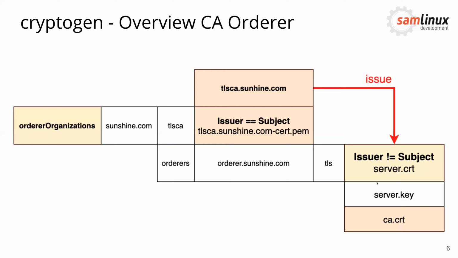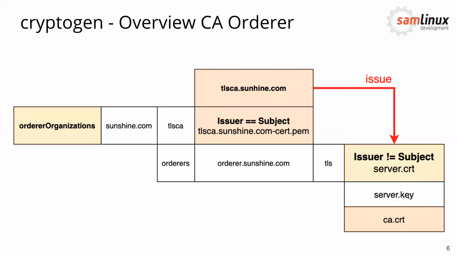And this is, I think, an important part that we have for the orderer. We have our own orderer certificate authority. Yeah, we can find this in this structure here. And this certificate authority creates for every orderer here a key pair, a server cert, and a server key.